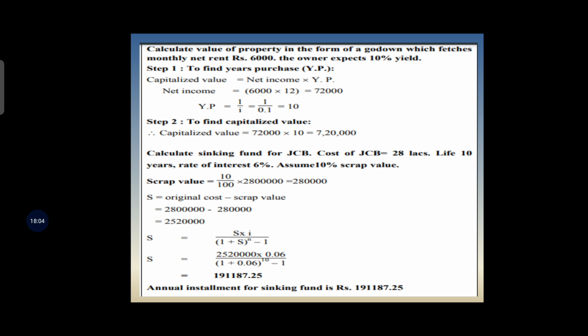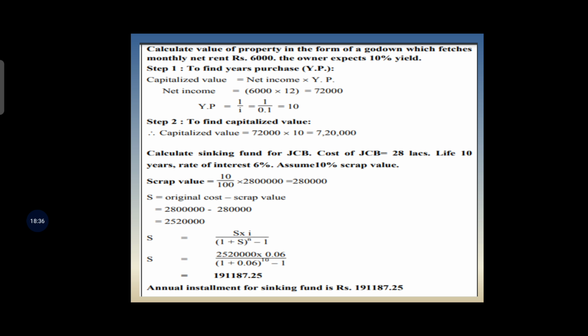The year purchase formula is 1 upon i, where i is 0.1, so 1 upon 0.1 is equal to 10. Capitalized value is equal to 72,000 into 10, that is YP, so 7,20,000. So we calculate the value of the property.